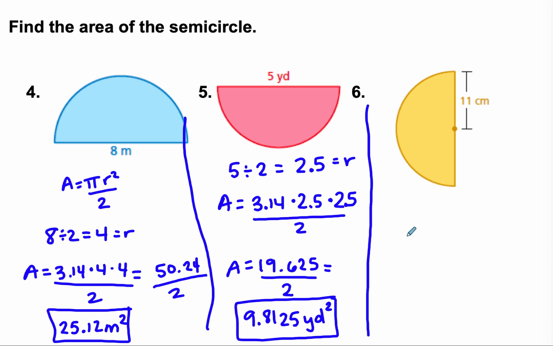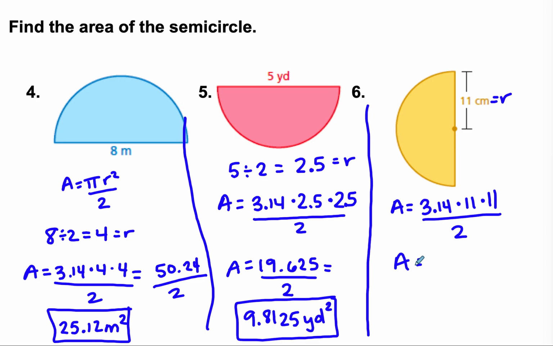All right, let's take a look at our last one. This time they do give us the radius to start, 11. So area equals 3.14 times 11 times 11 divided by 2.